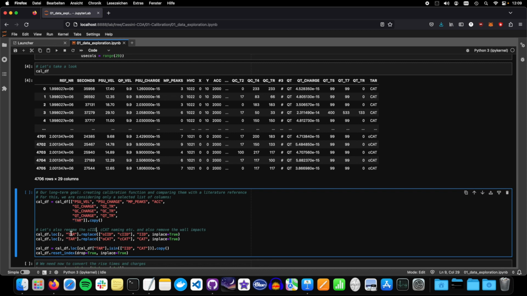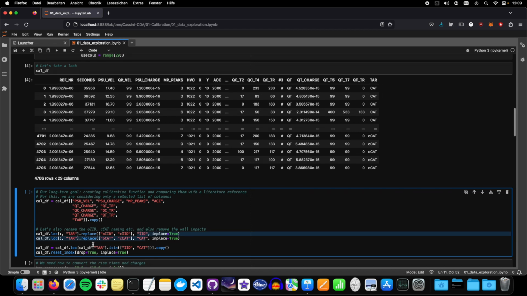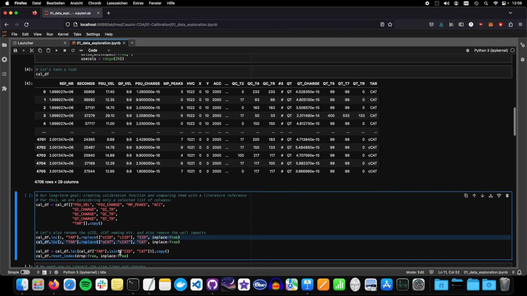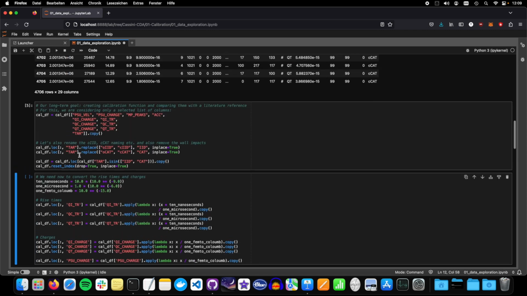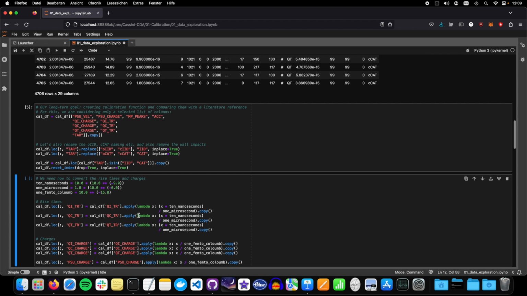Now the target itself has also some other wordings, like for example center part or the outer part of the targets, but we just replace it with the name, and then we exclude all the wall impacts. So we just consider the impacts on the larger and the smaller target here, execute the cell, and we are done.